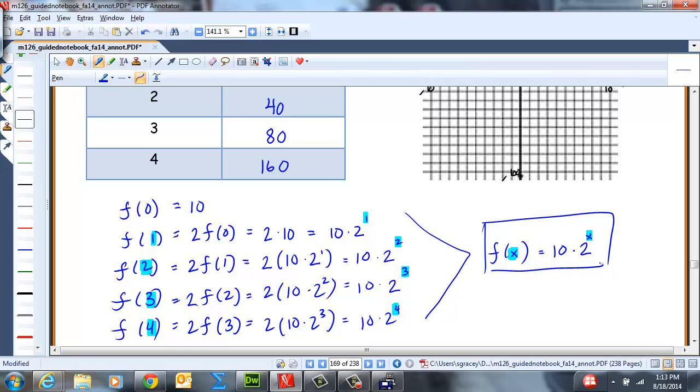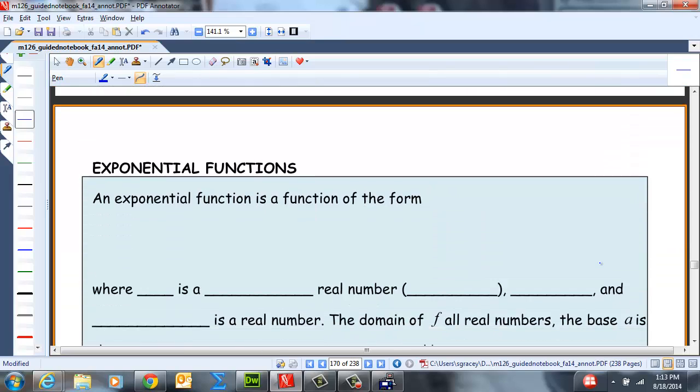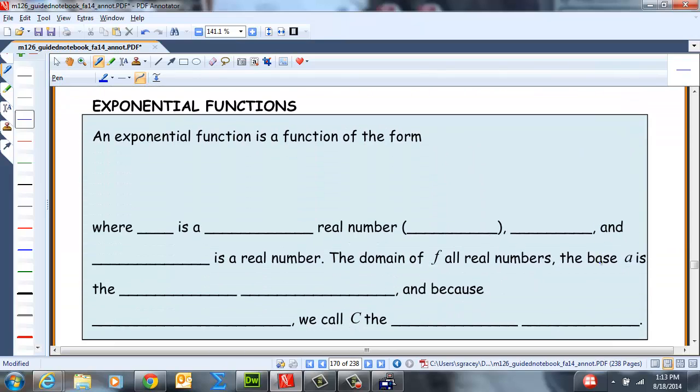Here we go. The next page gives us an official definition for exponential functions. An exponential function is a function of the form f at x is equal to c times a to the x. So in our equation before, what was our c? Perfect. C was 10.